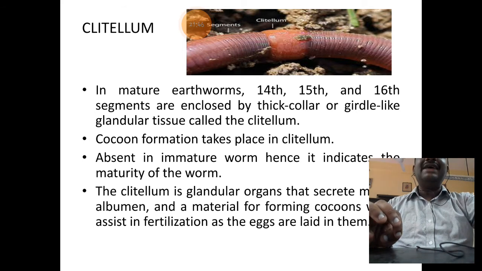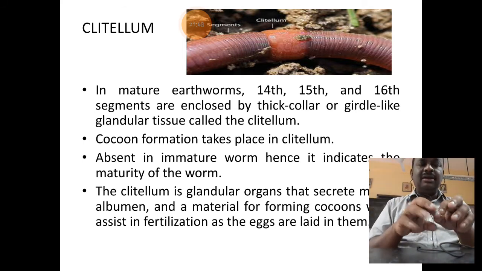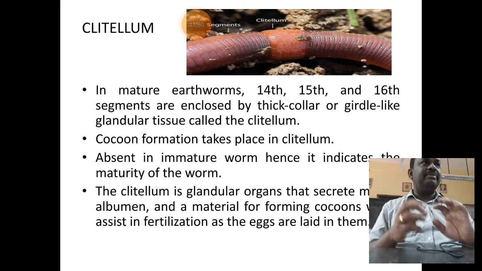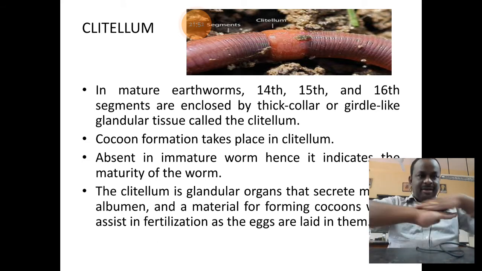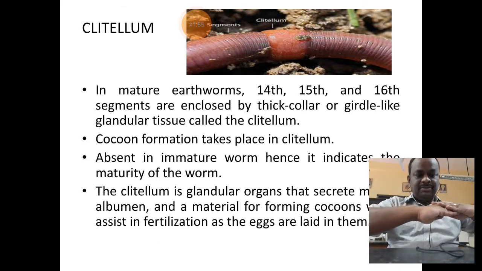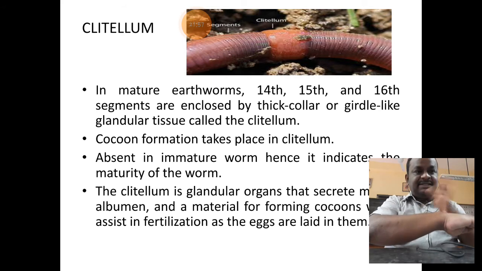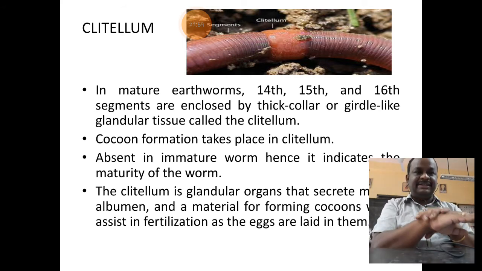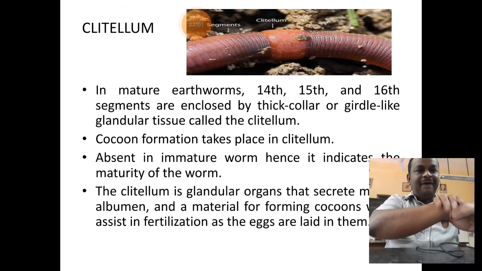And now, these eggs are laid into the covering of Clitellum. It is like the body of the earthworm, when you imagine having 14, 15, 16 segments, let us consider. Now, outside to that, we have the band of Clitellum.